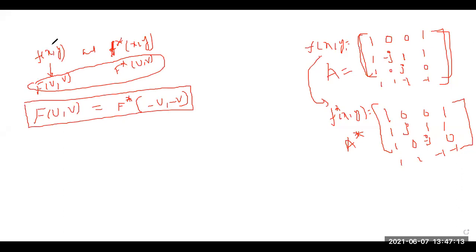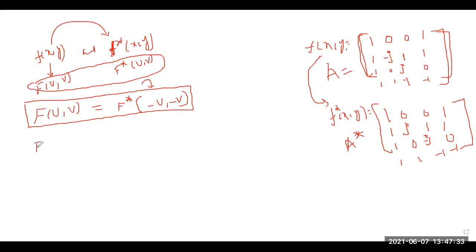So that means when you perform the conjugate in the spatial domain, the frequency domain will be changed with respect to its coordinates. Now instead of plus u v, it will be minus u and minus v. Now it can be easily derived.